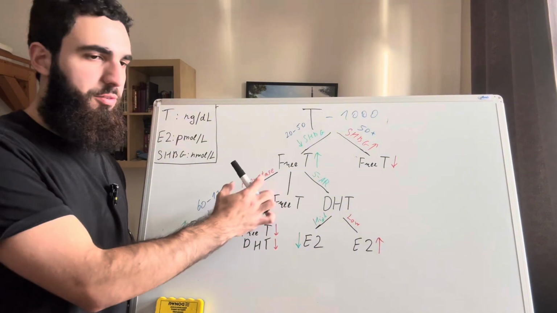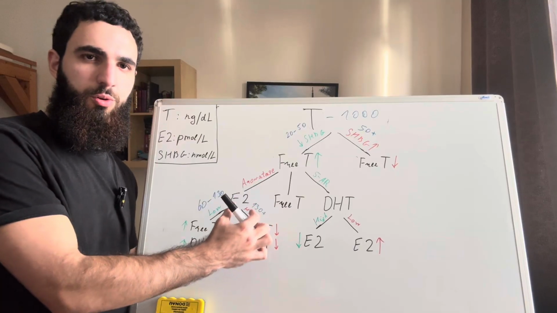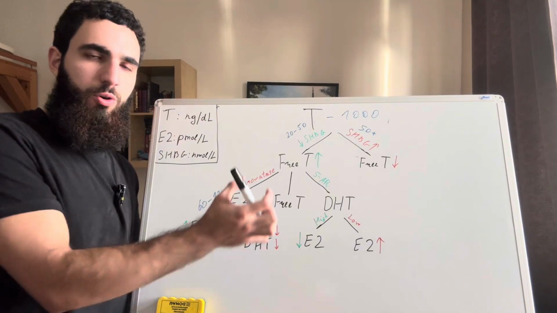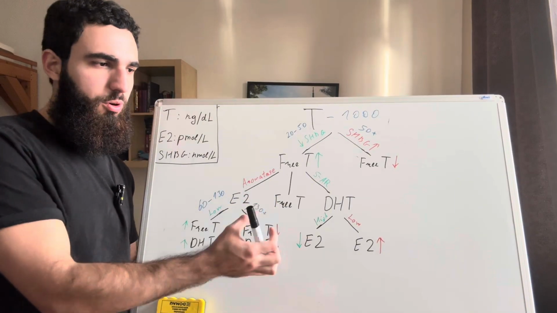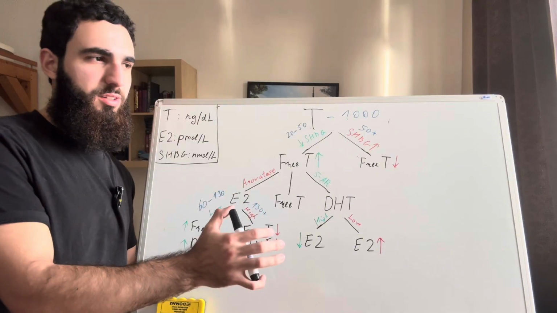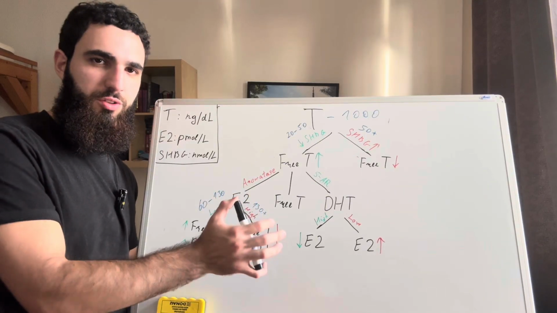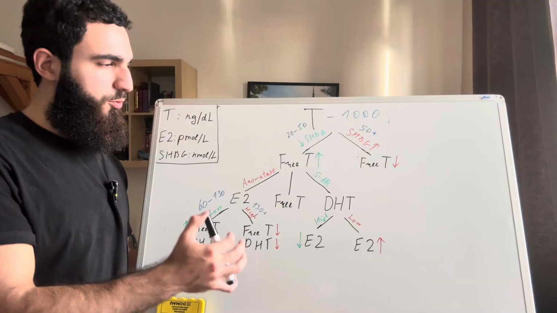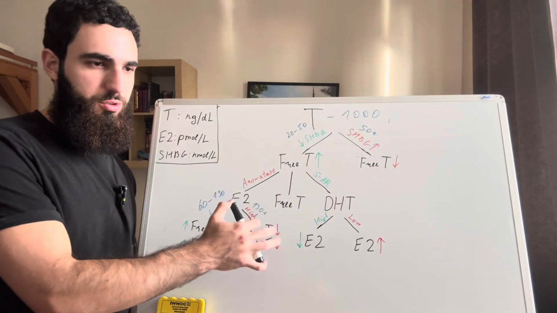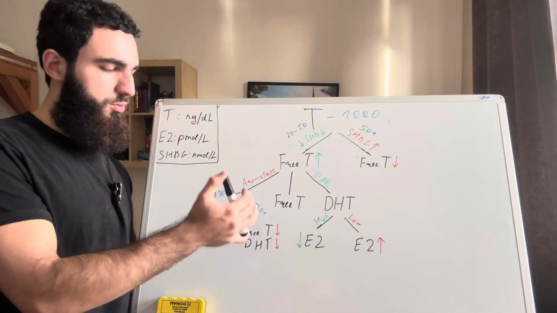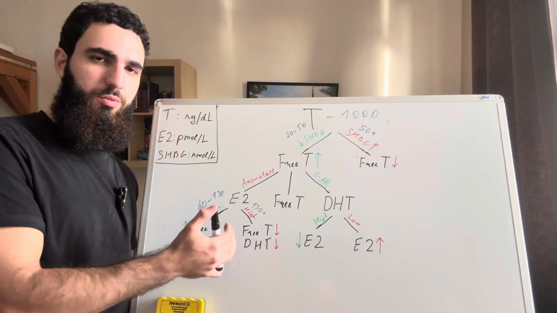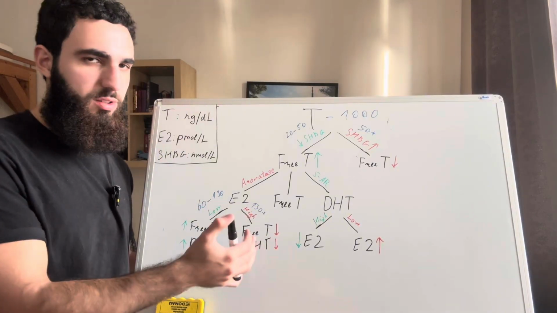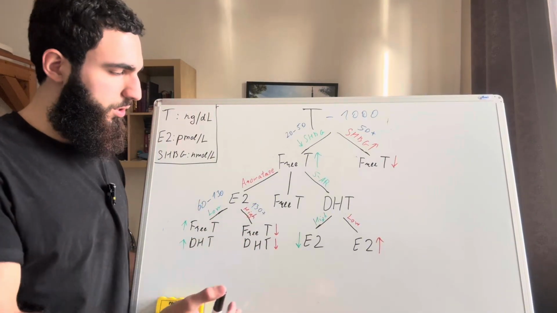So let's say you have the same activity of your aromatase enzyme, the more raw material there is, the more it converts. Let's say your aromatase converts 10% of your free testosterone to estradiol. If you have 100 free testosterone, it will convert to 10 picomoles of estradiol. If you have 200, it's going to be 20. So I think you get what I'm saying.